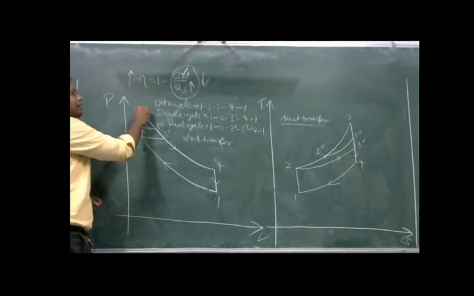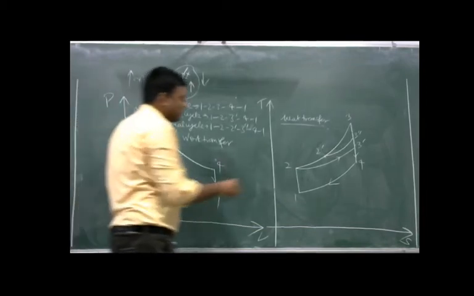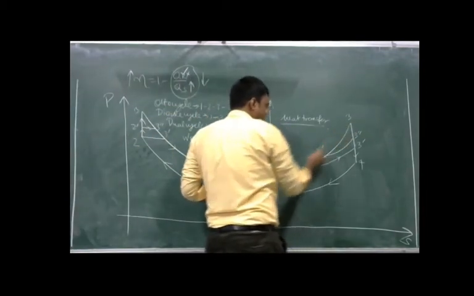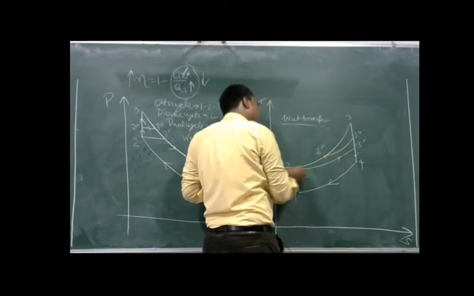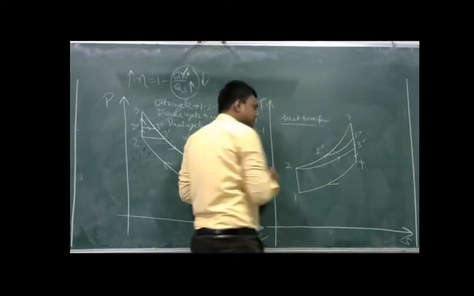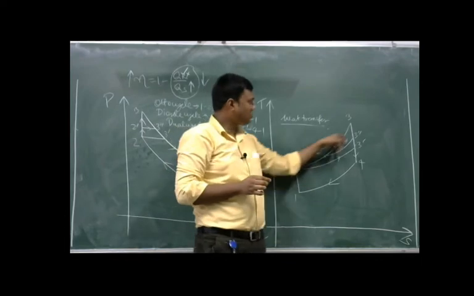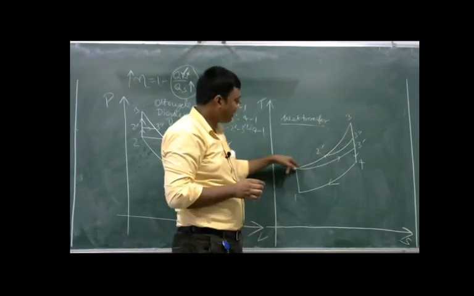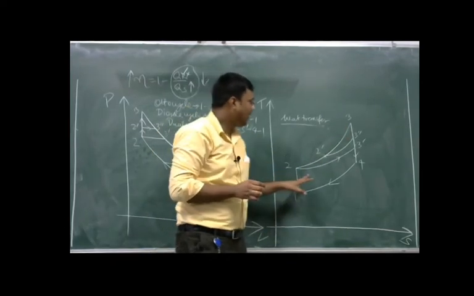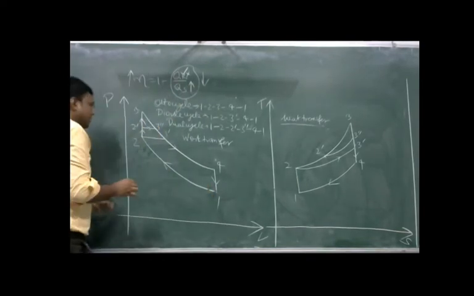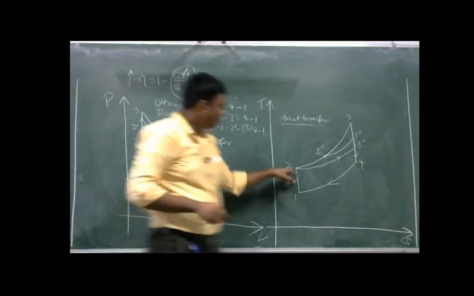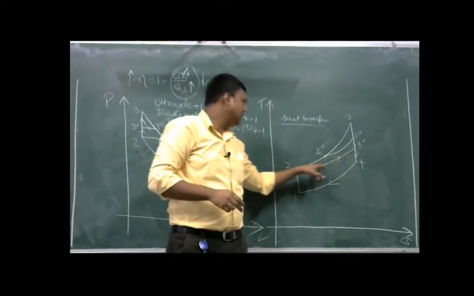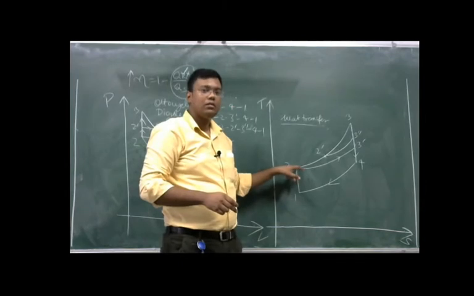This topmost curve shows heat addition for the Otto cycle. For the diesel cycle, heat addition is from 2 to 3 dash. This curve shows heat addition for the diesel cycle.